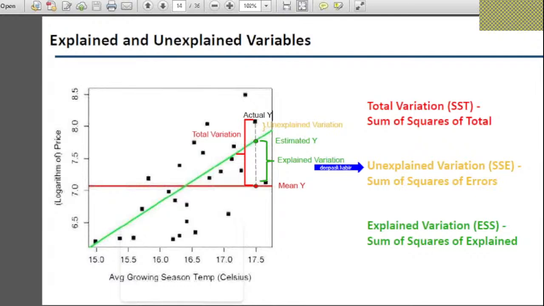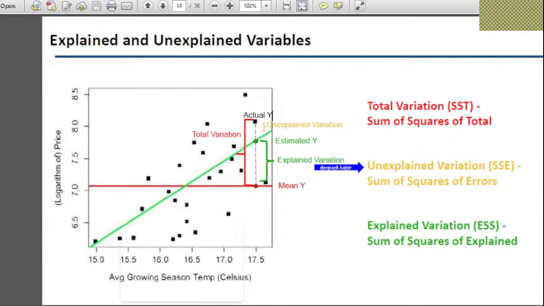Now think in terms of, I'll not go to the next slide. Rather, I would want you to think. If I have some explained variation and unexplained variation, right? What do you think my best fit line should do? Best fit line. What do you think it should do? In terms of explained and unexplained, it should minimize the unexplained variation, right?